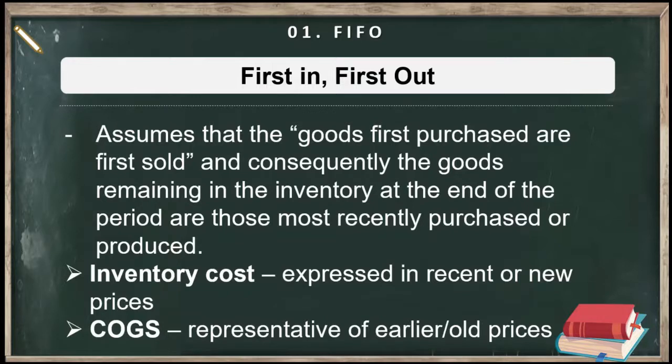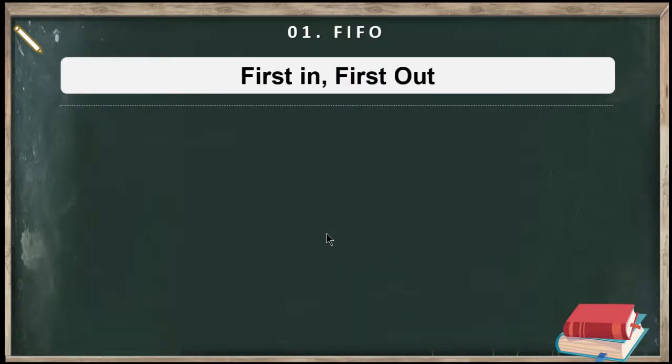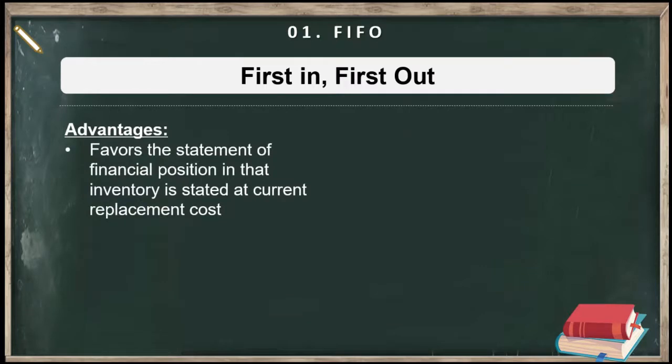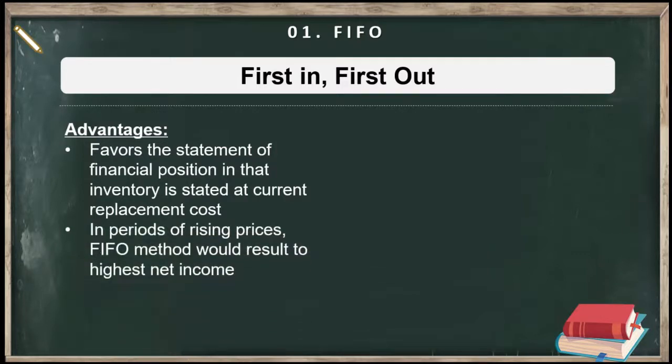So ang cost sa mabaligya most likely will come from the old stocks or sa earlier nga stocks. So the advantages of first in, first out, it favors the statement of financial position, as mentioned earlier, that the inventory is stated at current replacement cost.